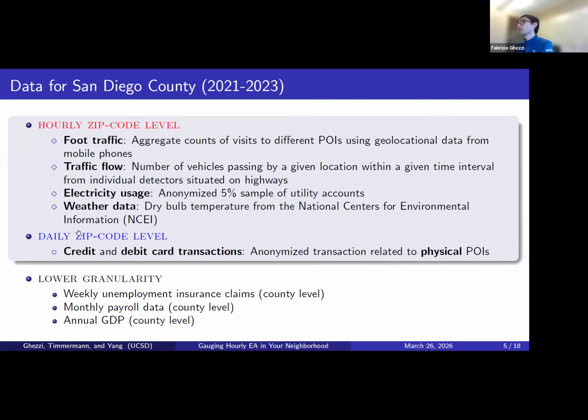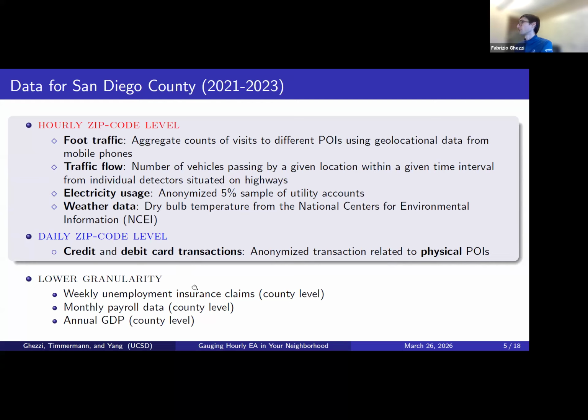If we move from hourly to daily, we have credit card transaction data, which are not available at the hourly level. Then we also have lower frequency measures, which are standard economic series that we all know, like weekly unemployment claims, monthly payroll data, and annual GDP.